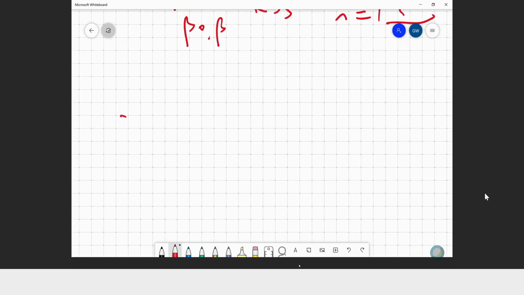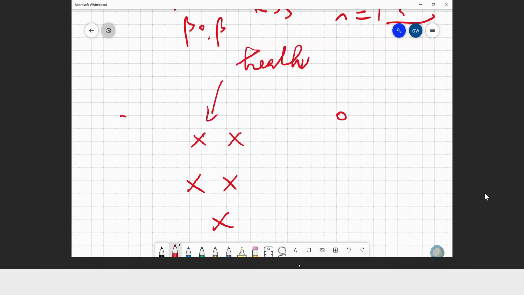We have these crosses to denote the healthy people, and we use these circles to denote the sick people.